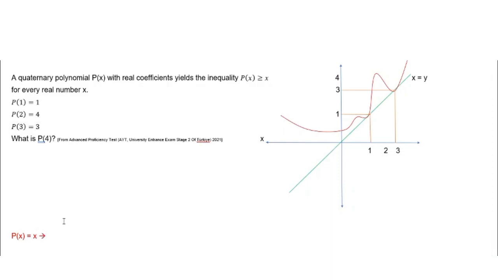That means P(x) minus x equals 0 at 3 and 1. They're tangent to the y equals x graph, so it means (x minus 1) squared times (x minus 3) squared.